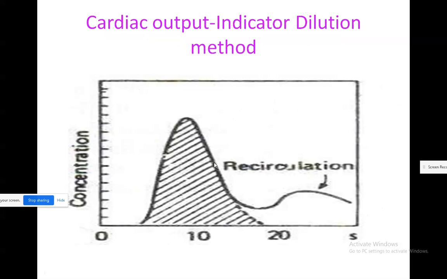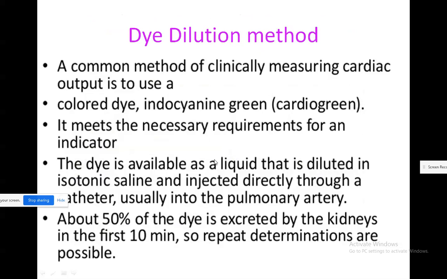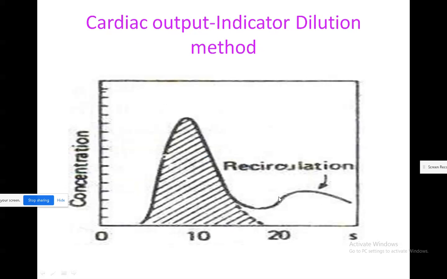This is your plot of concentration of indicator with respect to time. Time is taken along the x-axis, and concentration of your indicator is taken along the y-axis. You will have a high peak and then a secondary peak, and then it will go parallel to the blood flow.